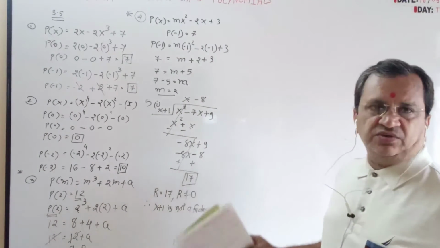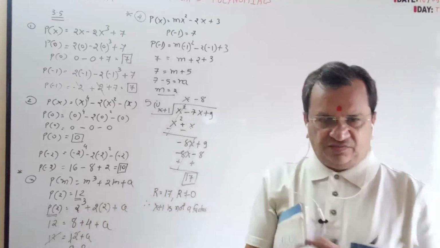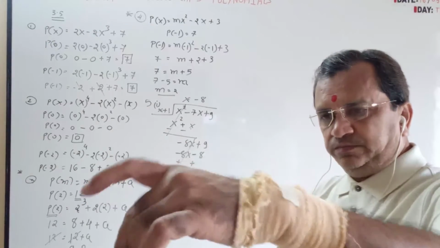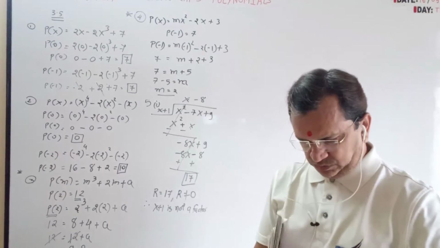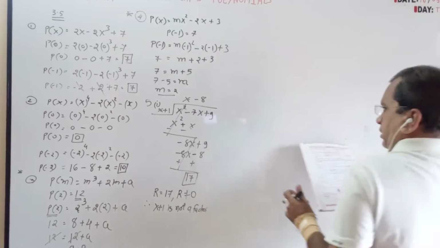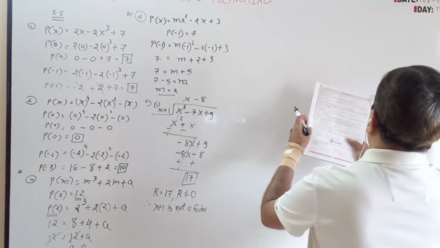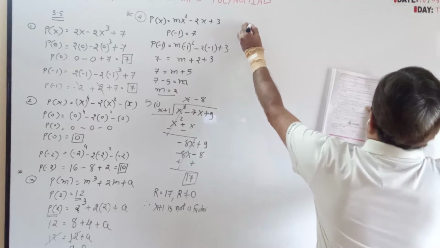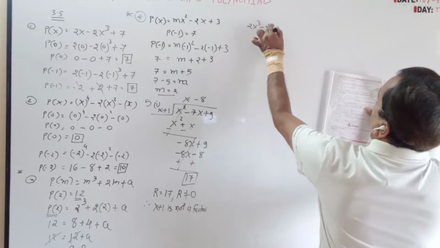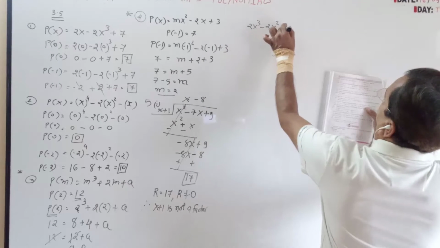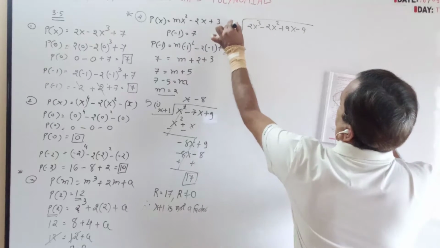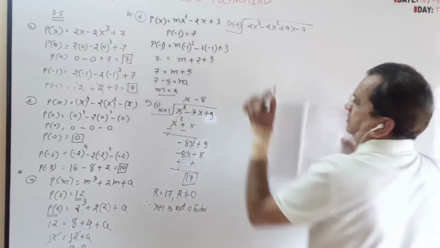If this is 0, then it is a factor. One more, with a variable, we will do. 2x cube, 2x square plus ax minus a, divided by x minus a.